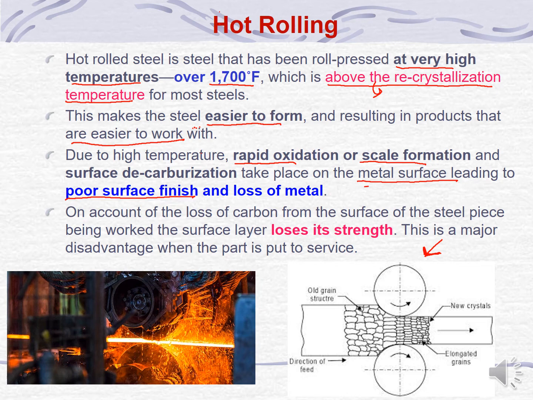Initially, these are the shapes of the old grain structure. When it goes through the rollers, this old grain structure will be elongated. And because of the heat, recrystallization will occur, and it will form new grains.